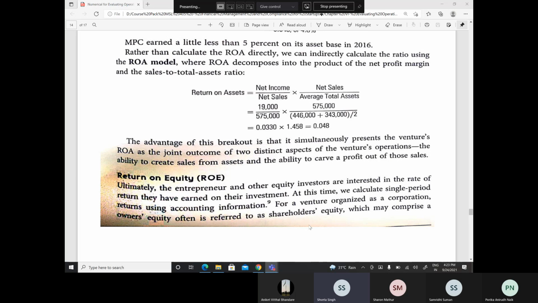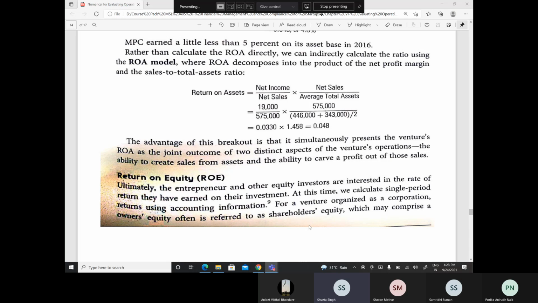So this becomes 19,000 by 575,000 times 575,000 divided by (446,000 plus 343,000) divided by 2. Here again the net sales cancel out, and we are left with the return on assets ratio, which becomes 0.0330 times 1.458, which is 0.048 or 4.8%.